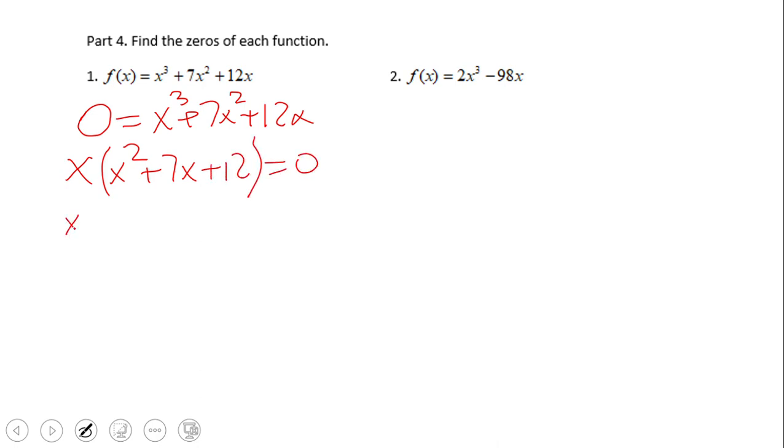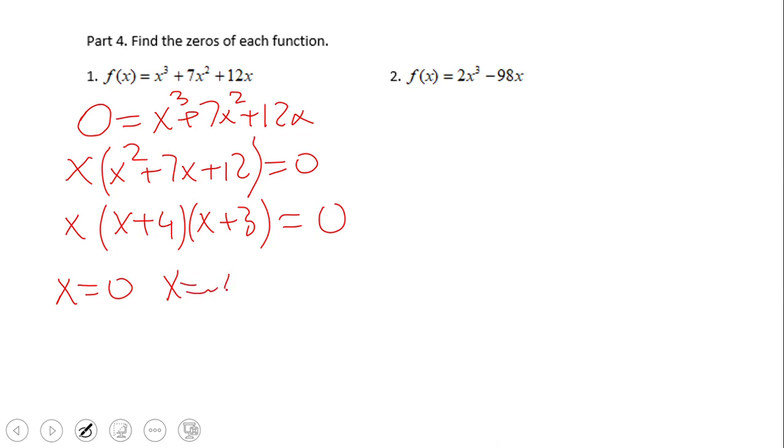So then we have x times (x plus 4)(x plus 3), right? This is the factor form here. We don't need a quadratic formula unless you want to. And guess what? We have x equals 0 as a solution of this polynomial equation, x equals -4, and x equals -3.